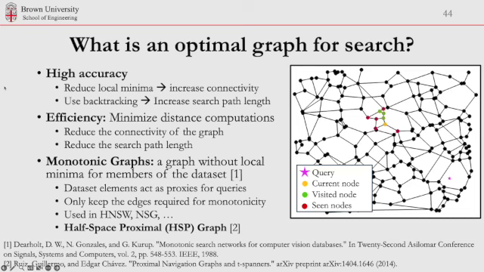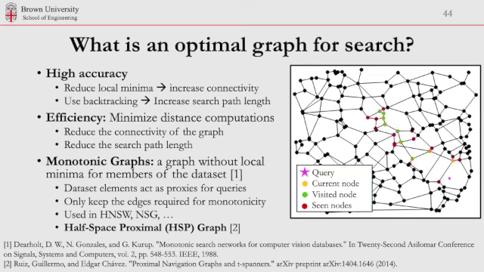I already showed this visual of graph-based search. If we want high accuracy search, there are a few things that we can do. We can reduce the amount of local minima, because if we don't have any local minima, then we find our nearest neighbor.